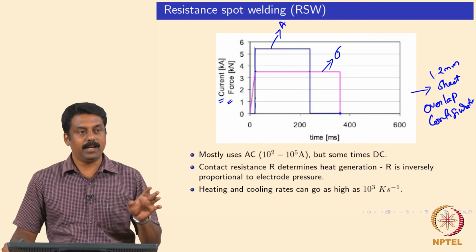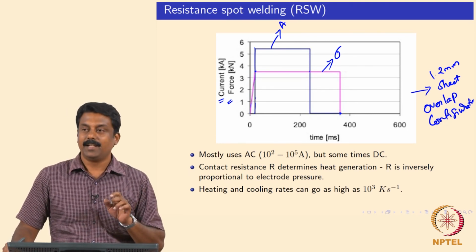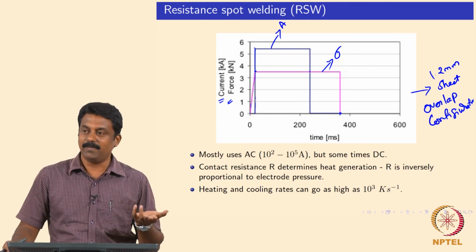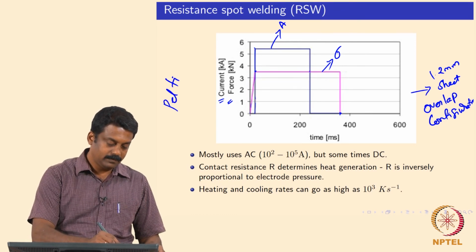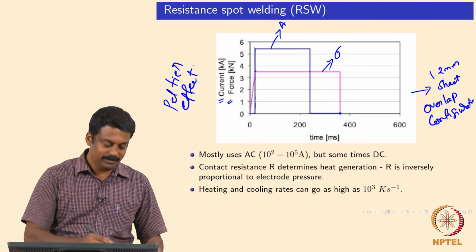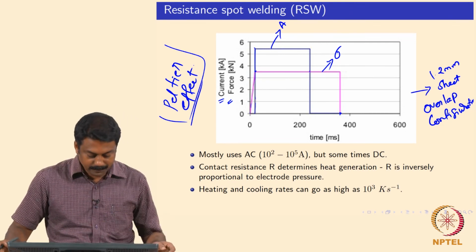We use mostly alternating current. The reason is known as the Peltier effect. For the next class you can come up with the answer: what is the Peltier effect? Next class we will discuss why we use only AC, because of this effect.